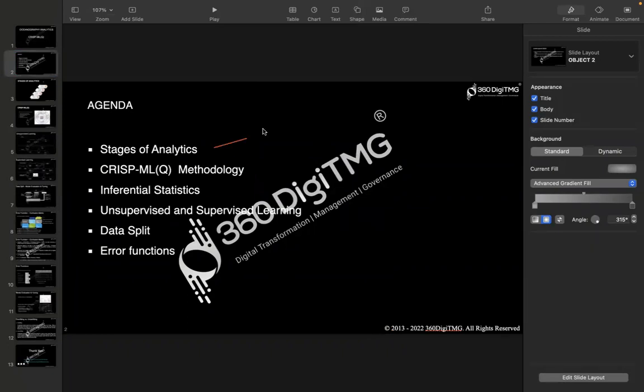Then we will learn Crypts MLQ, then Crypts MLQ methodology, then inferential statistics, unsupervised, supervised learning, data split, error functions. So we will learn one by one, step by step, all these things. Let us start with the stages of the analytics.